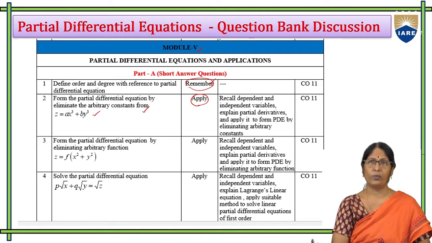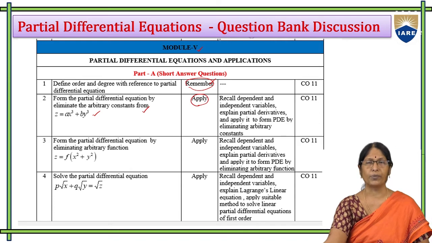How the three levels of Bloom's are connected to these particular problems, that is also what we are going to discuss. We are going to discuss in detail what questions are dominating in the question bank through this video lecture, but we are not going to focus on the complete problem solutions.